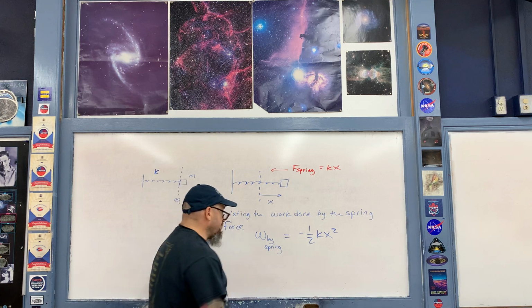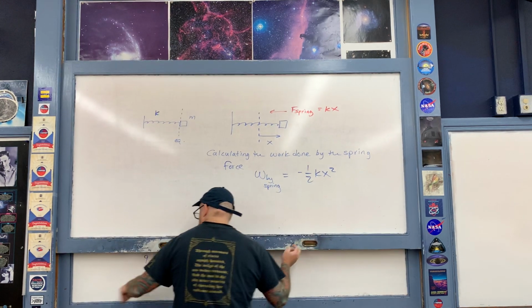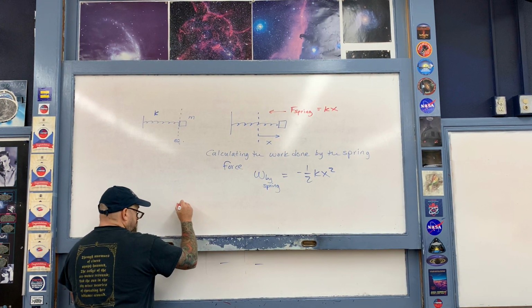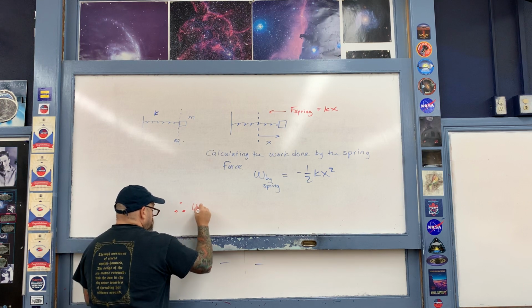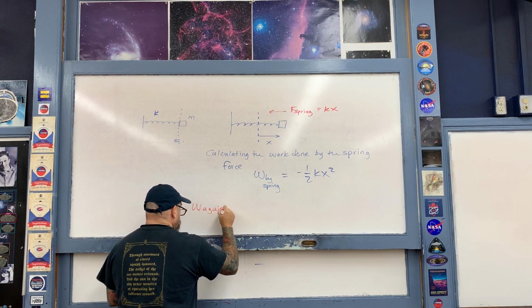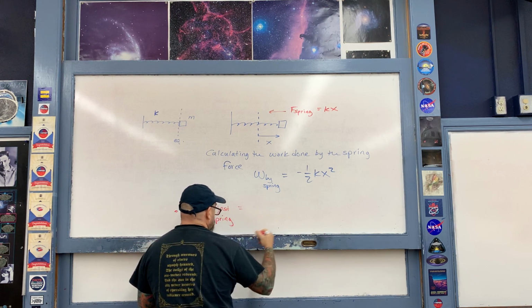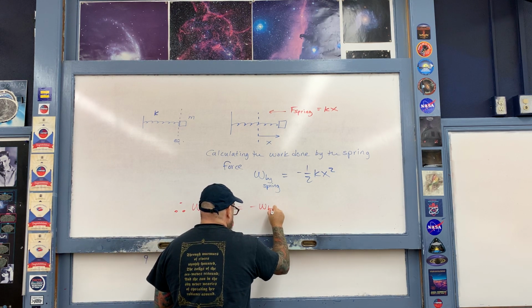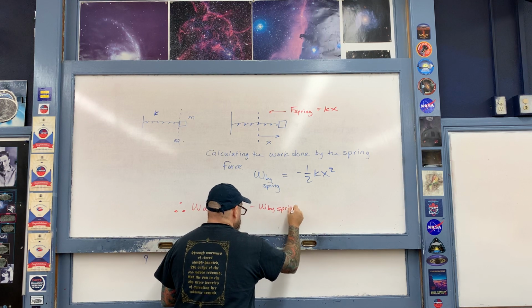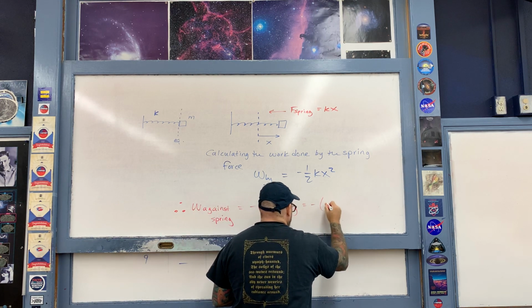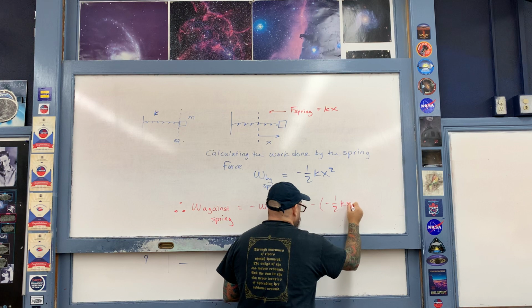So here's how we write this out. The work done against the spring force is equal to the opposite of the work done by the spring force, which is the negative of -1/2 kx squared.